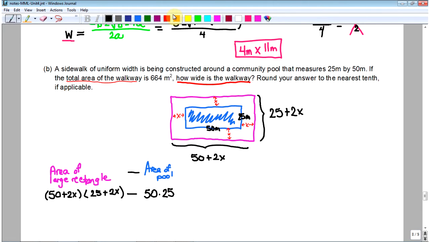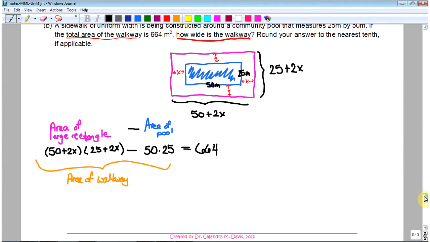And what we're left with then is the area of the walkway, which is what we want. And we're told that that area is 664 square meters. So we can set this equal to 664. Okay, so that was the hardest part of the problem, just coming up with our equation.